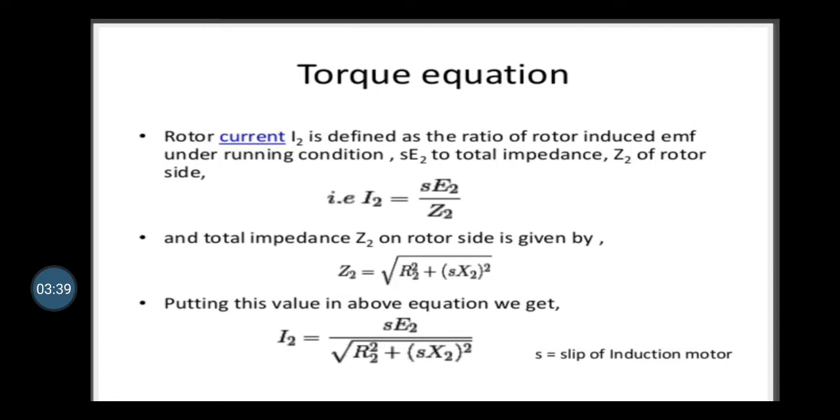Z2 is equal to under root R2 square plus SX2 square. Putting this value in the equation, I2 is equal to SE2 upon under root R2 square plus SX2 square. In this equation, S is the slip of the induction motor.